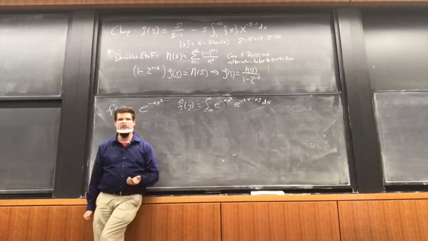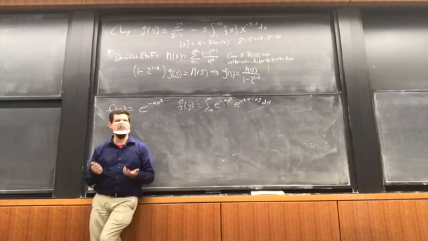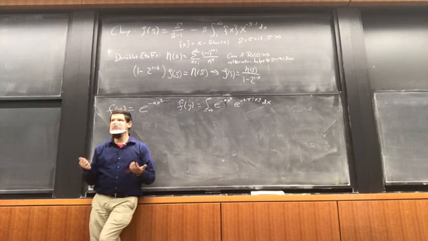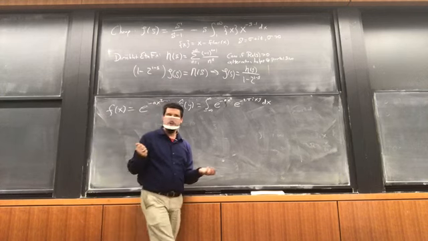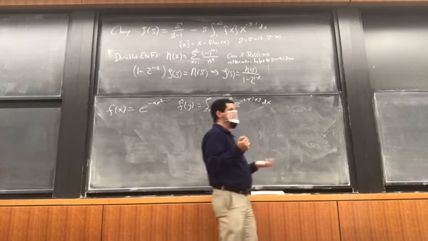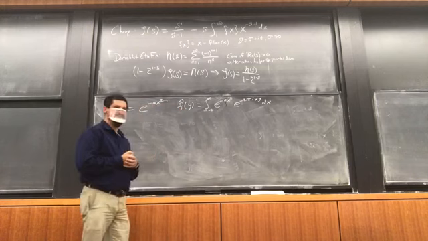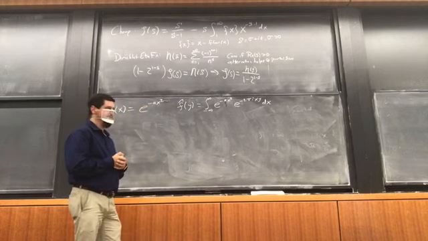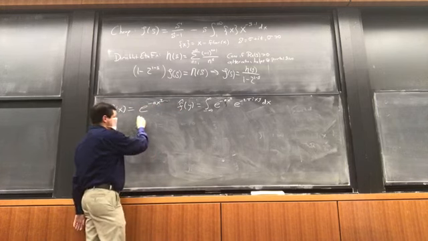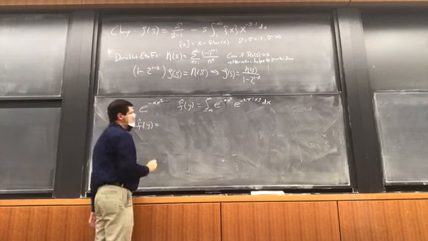But this is not a class with complex analysis. I believe I gave this as a problem to do. So how did we do this? You can break it apart. So how do we break it apart?